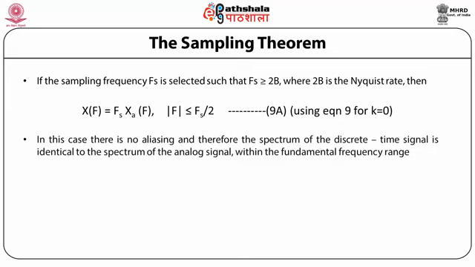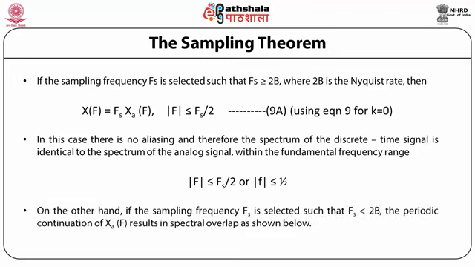So in this case, there is no aliasing, and therefore the spectrum of the discrete time signal is identical to the spectrum of the analog signal within the fundamental frequency range, that is modulus of F less than or equal to fs by 2, or modulus of small f less than or equal to half.